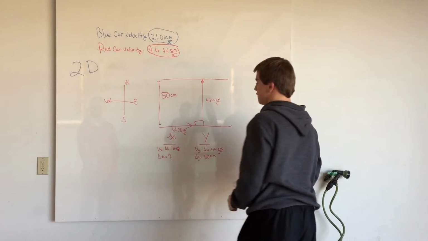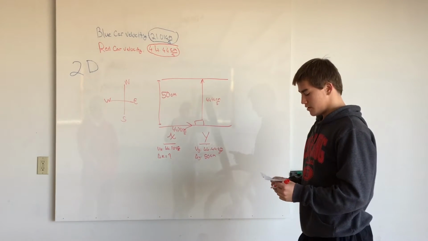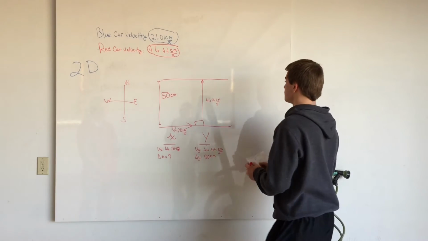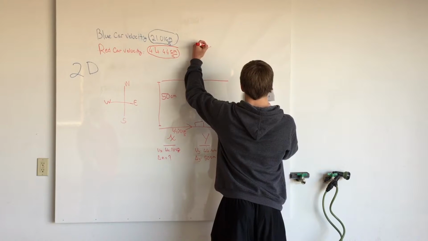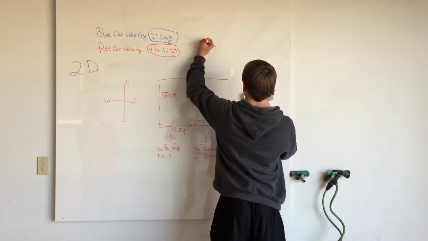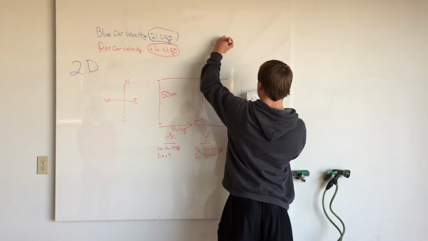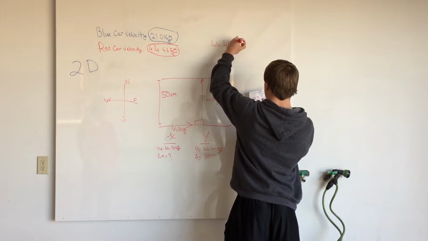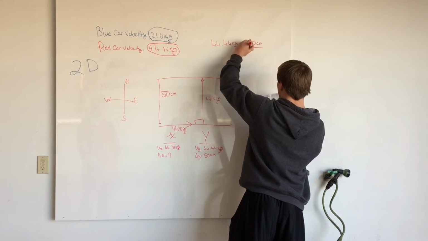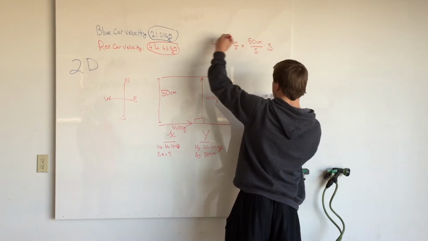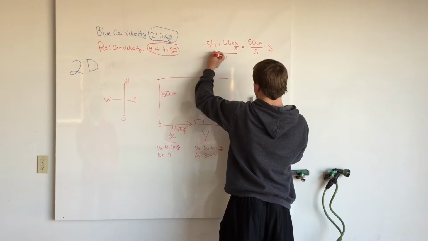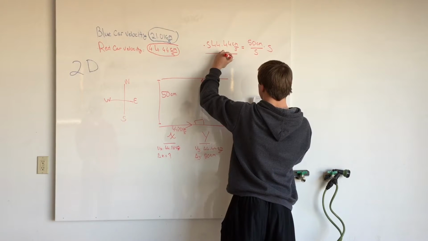First we have to find the time it took to get across the treadmill, and then we can use that to find our delta x. To find time, we use our velocity, 44.44 centimeters per second, set it equal to our delta y, 50 centimeters over seconds. Multiply by seconds to get it off the bottom, and then divide by 44.44 centimeters a second.